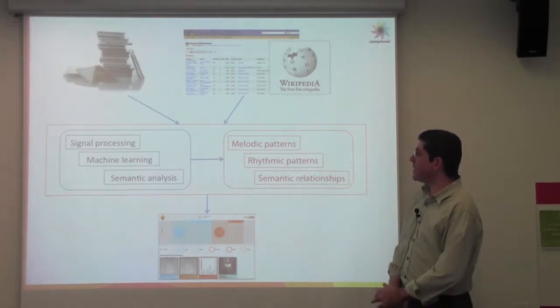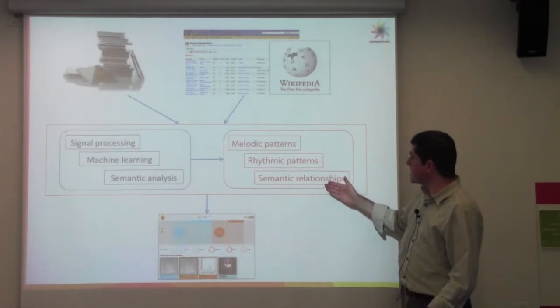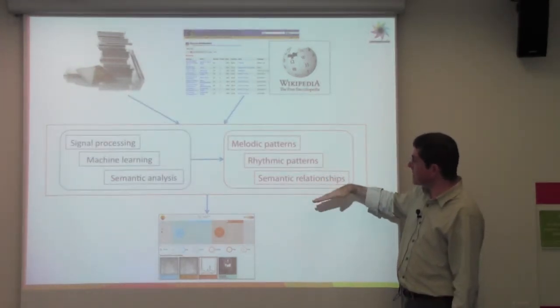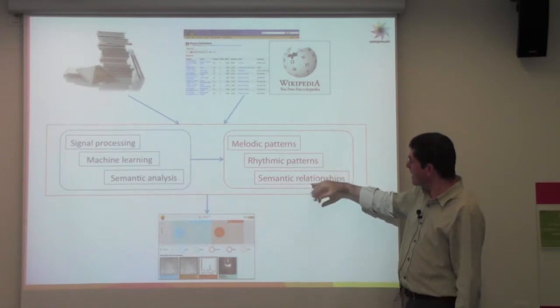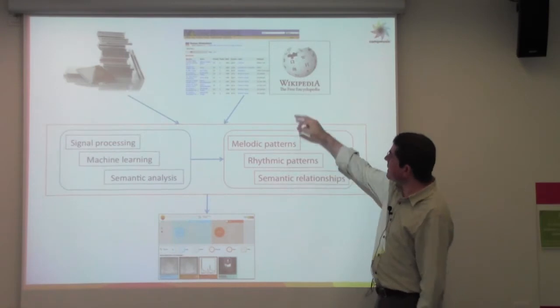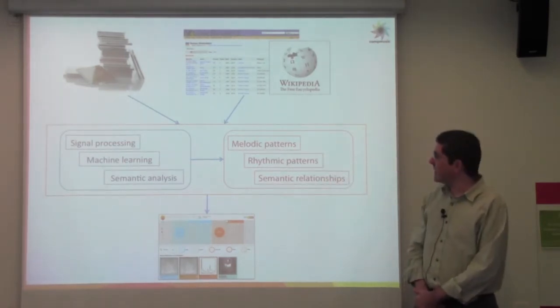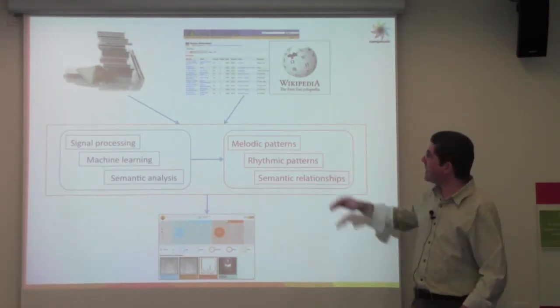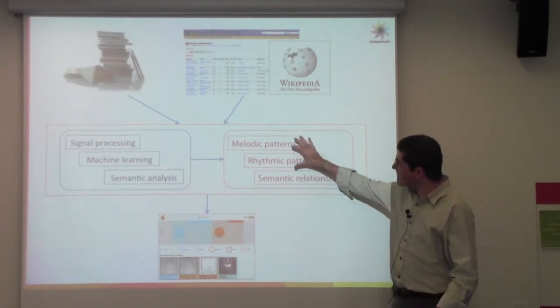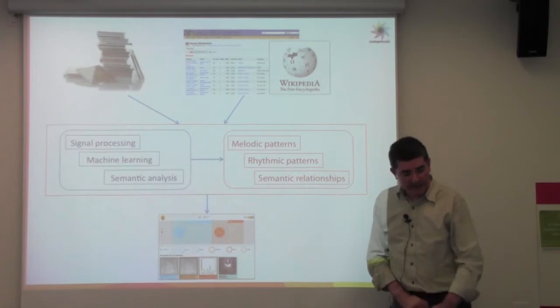And then there is this part of semantic relationships, and this is a part that we're not going to talk much about here. This is the newest one, and it relates with semantic technologies, and it's basically focused on text-based analysis and analyzing relationships that we can obtain from that. So we will be basically focusing on audio-related tasks.